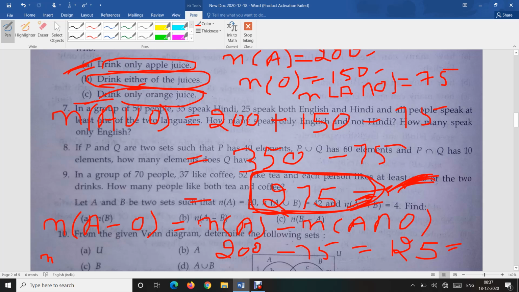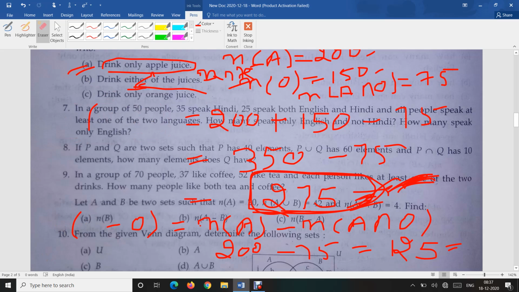So either of the juices means we have to find the union portion, and we know that n of A union O is 275. So the answer for the B part is 275. Now you have to write down this question also in your fair notebook, and if you have any problem regarding this, then you can ask.